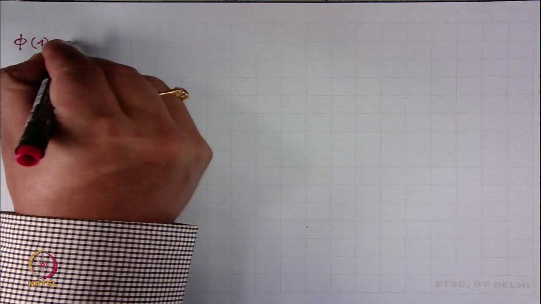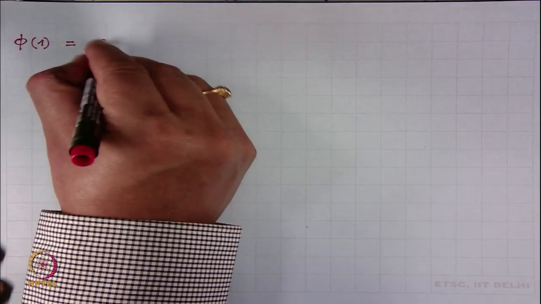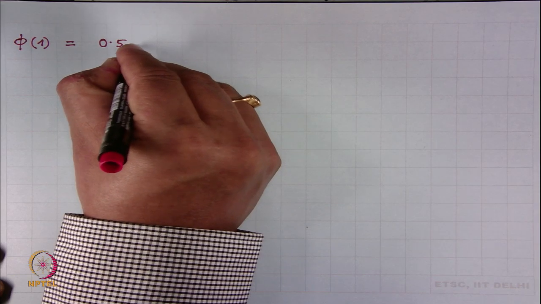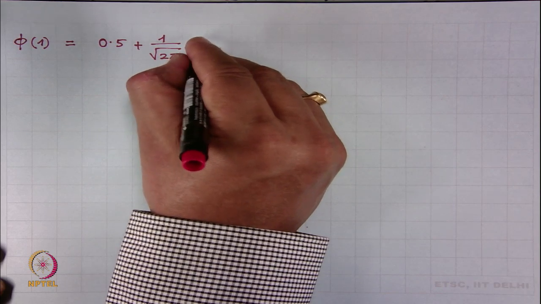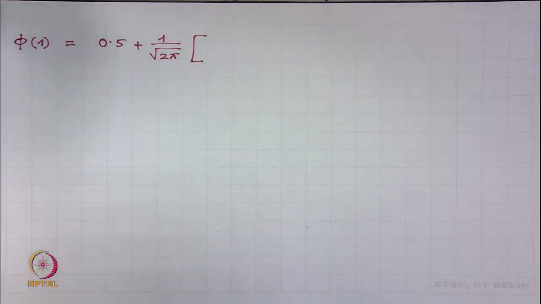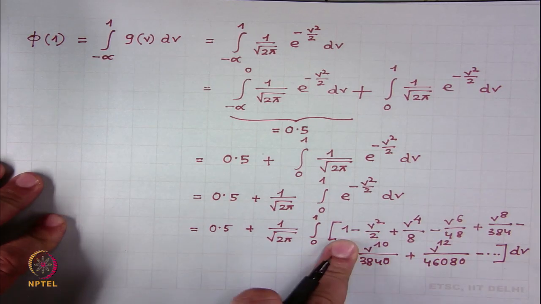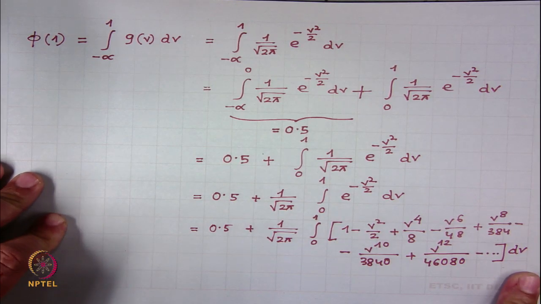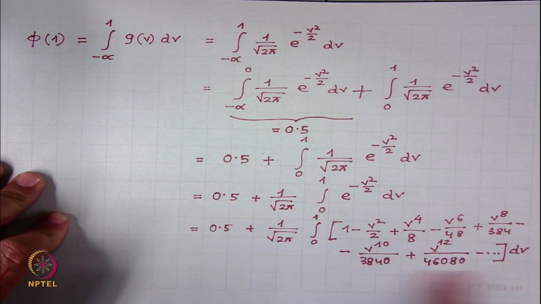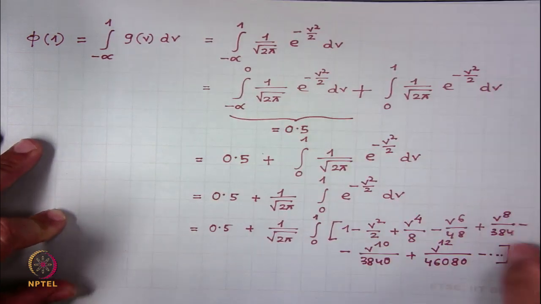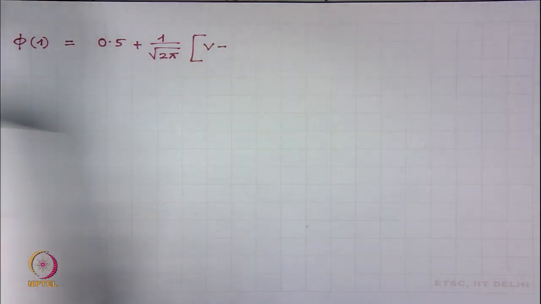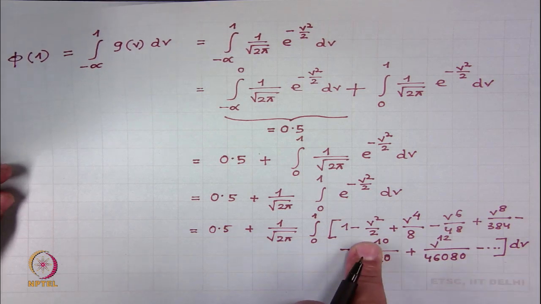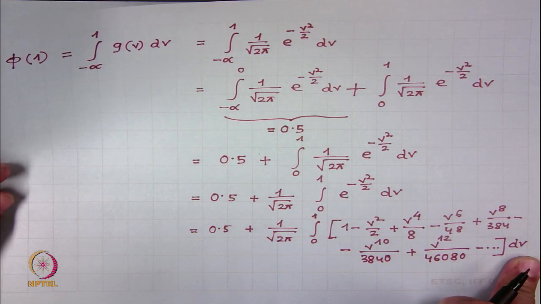So, we were trying to find out the value of this, which we came to know is 0.5 plus 1 by root 2 pi. Now, we will do this integration. Integration of 1 into dv is v. So, in this way we find out all integrals and we write down v minus integration of v square by 2 into dv, v cube by 6.